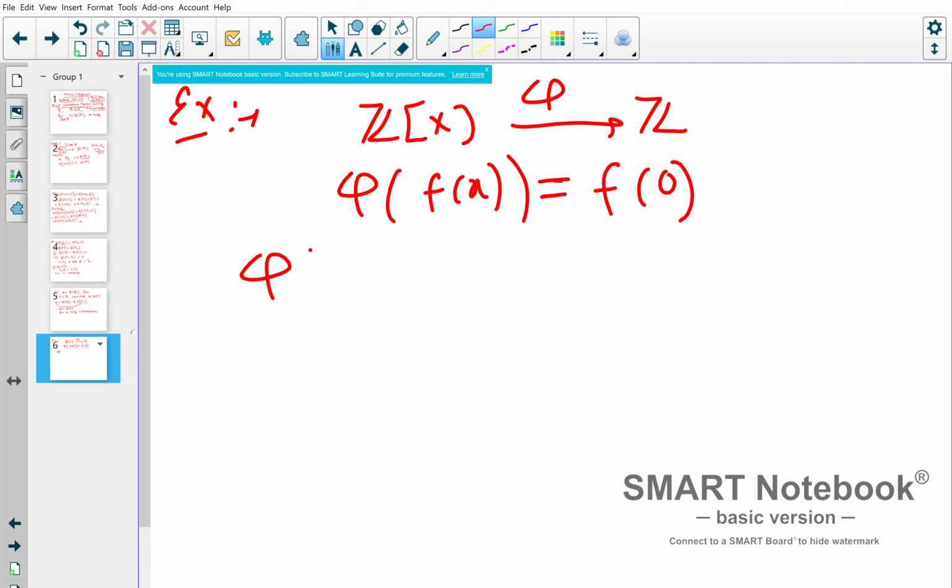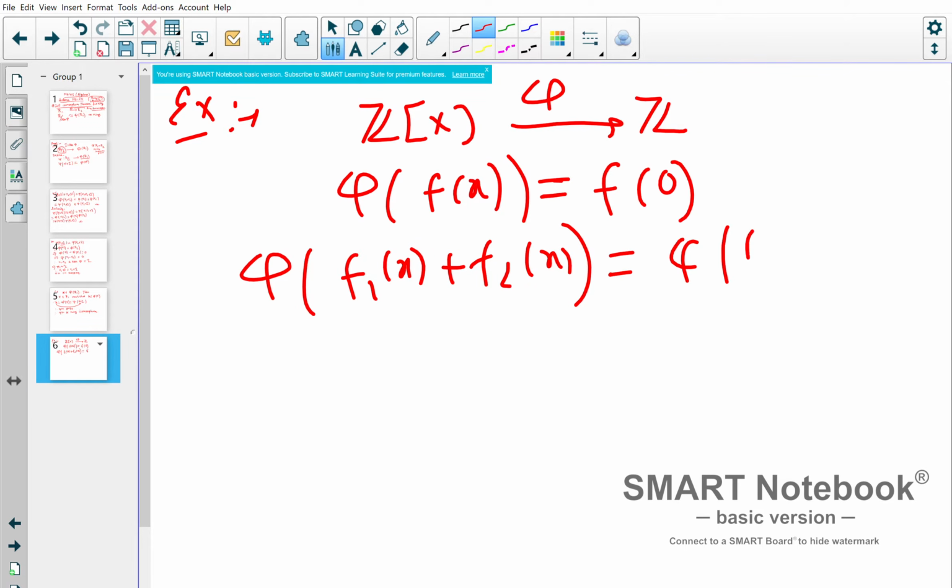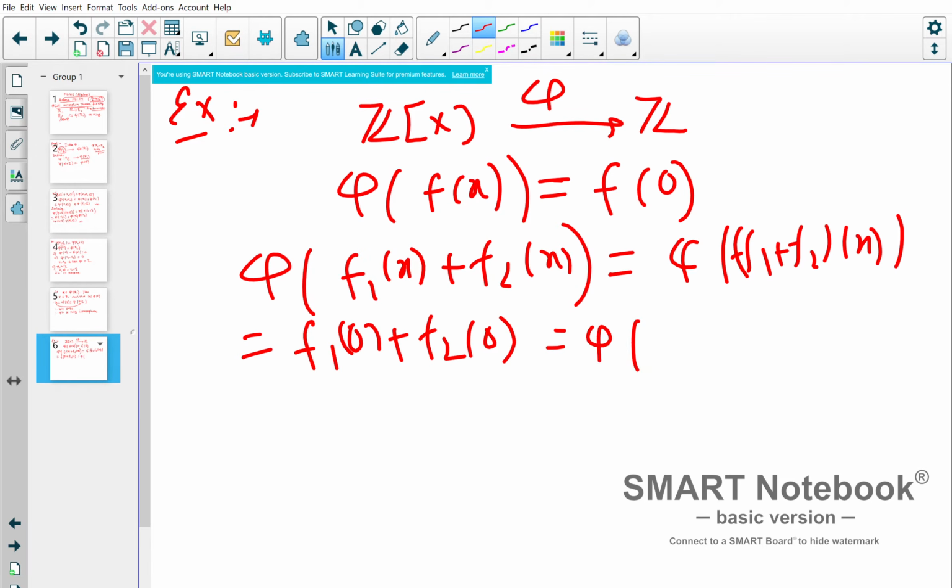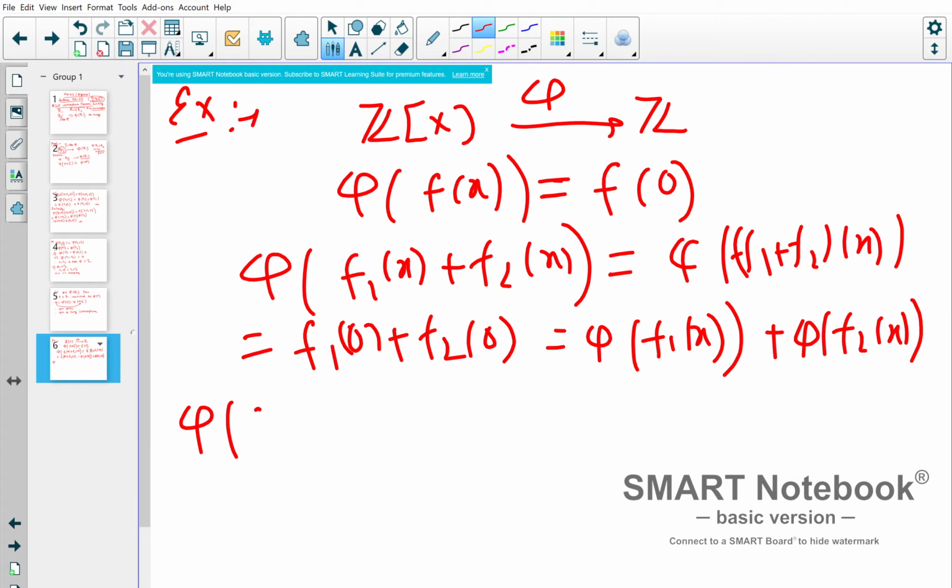You can easily prove that phi of f1 of x plus f2 of x is nothing but phi of (f1 plus f2) of x, which is nothing but f1 of 0 plus f2 of 0, right, which is nothing but phi of f1 of x plus phi of f2 of x, right, and similarly phi of f1 of x into f2 of x.